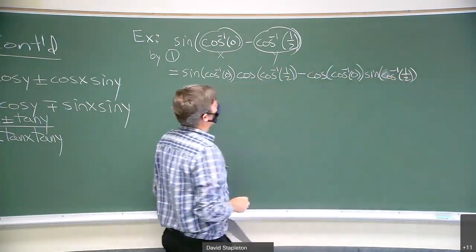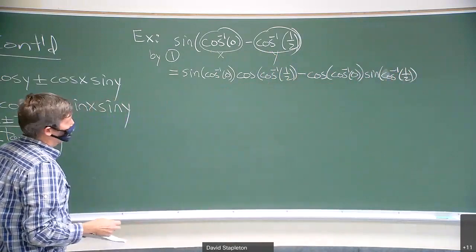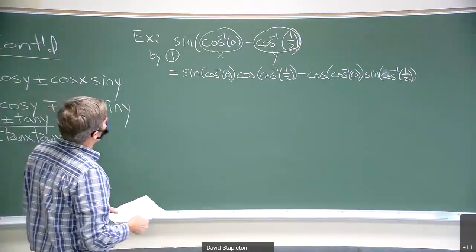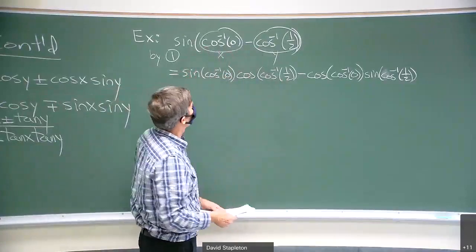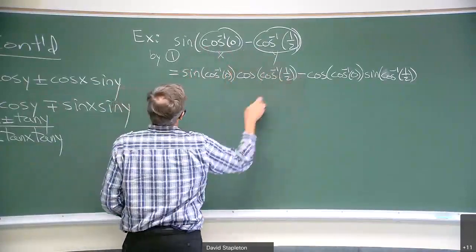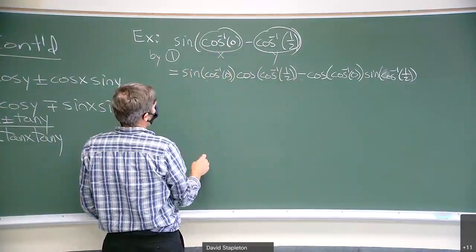Okay, so there it is. And part of this is just practicing them enough that you look at them and say, oh, it's the sine of a difference. I'll use the difference identity, right? Minus with minus. Now, how do we evaluate these?